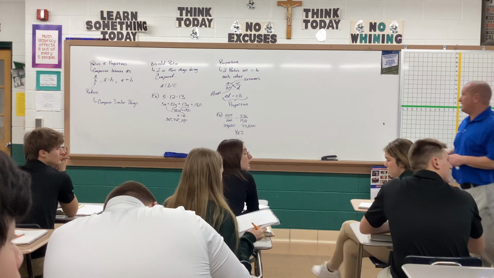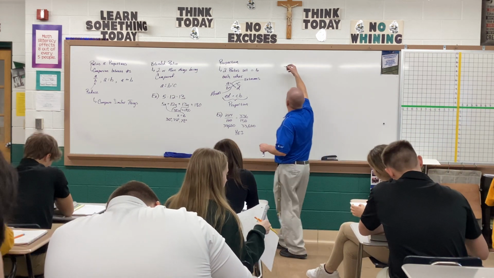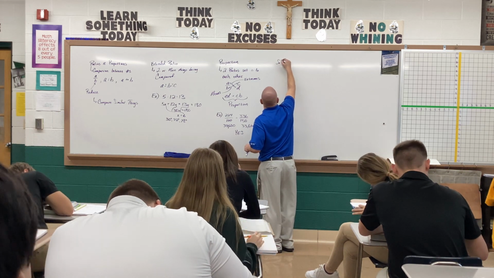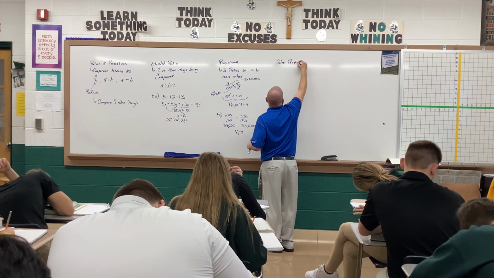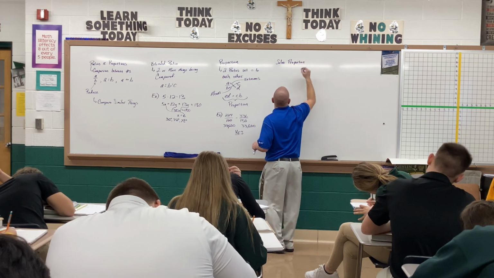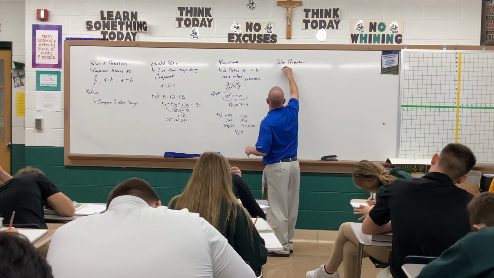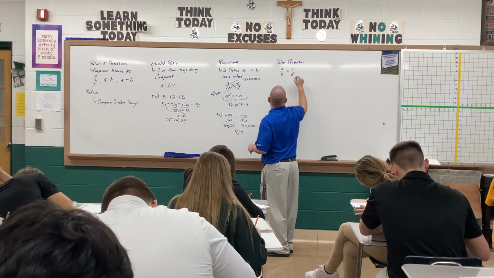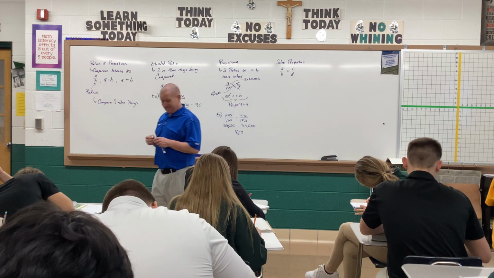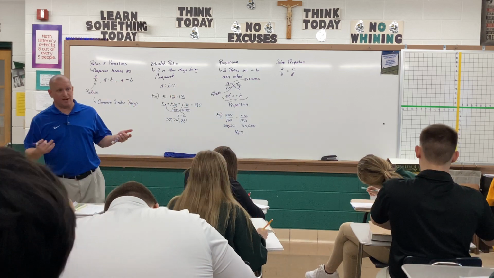So then we try to solve a proportion, right? And if I solve a proportion, this is what you did in algebra to find a missing link, right? So basically we're going to have the same proportion, A over B is equal to C over D. But one of those four spots is going to actually be a variable.